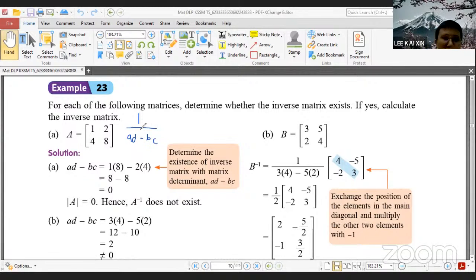Actually, you can just use AD minus BC and see whether it's 0 or not. If it's 0, you get infinity, 1 divided by 0 gives infinity. You cannot calculate, so it does not exist.